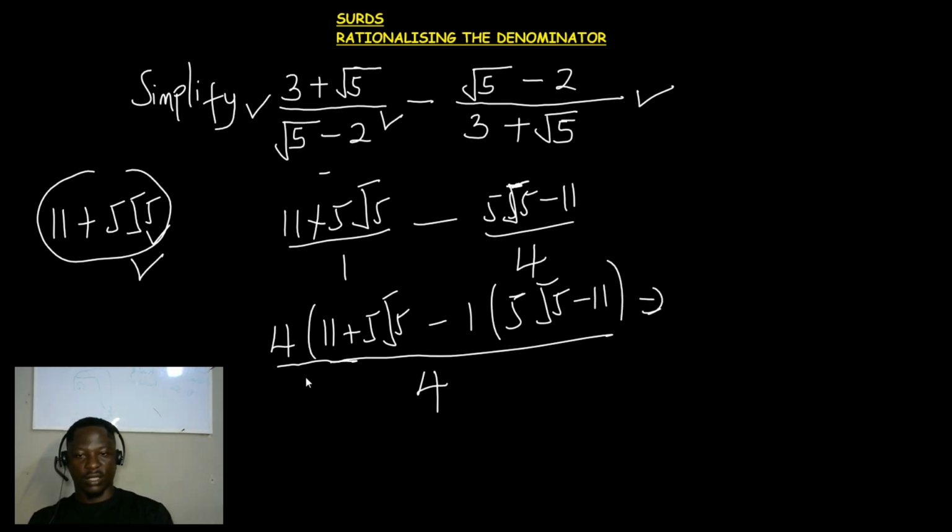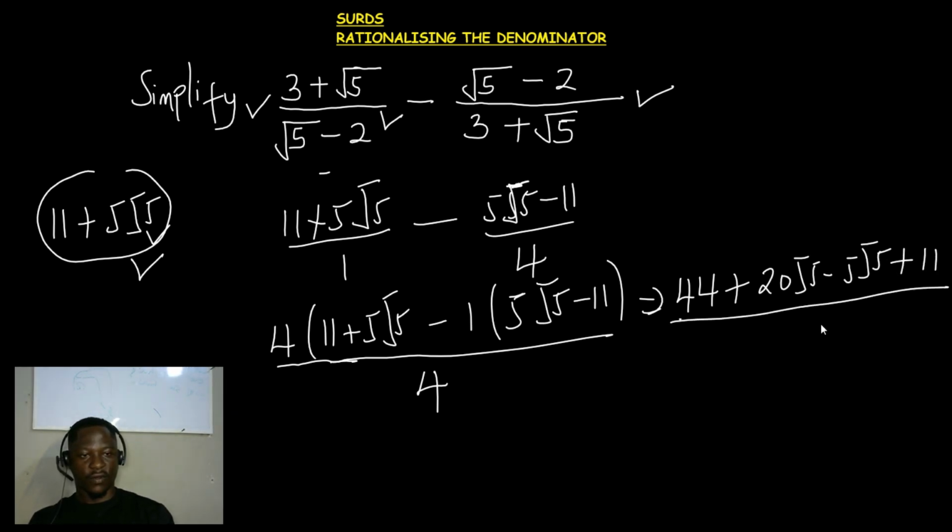Let's go ahead and simplify. 4 times 11 is 44, and 4 times 5 root 5 is 20 root 5, and then here you have minus 5 root 5, and negative 1 times negative 11 is positive 11, all over 4.